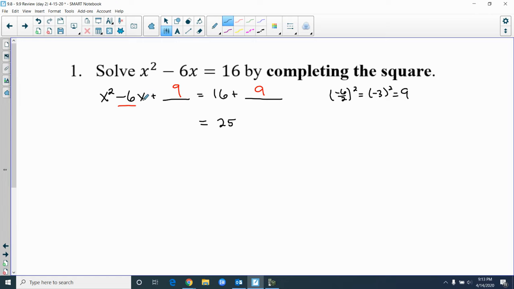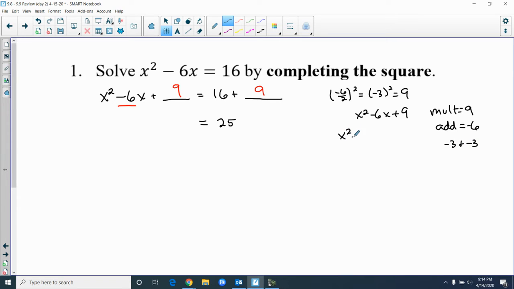On the left-hand side, we're going to factor those. I'm just going to do a little bit of scratch work over here. We want 2 numbers that multiply to equal 9 and add to get -6. Well, that's going to be -3 and -3.